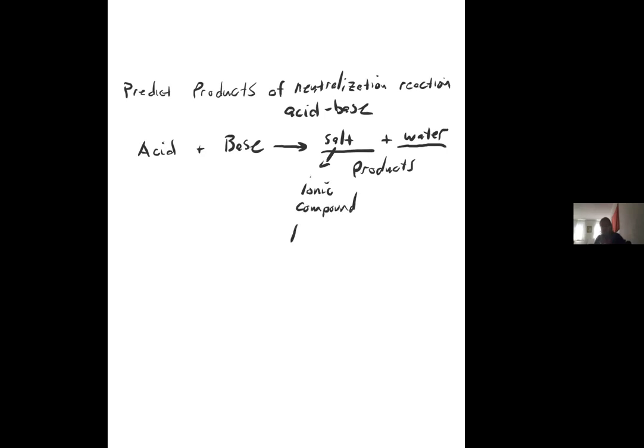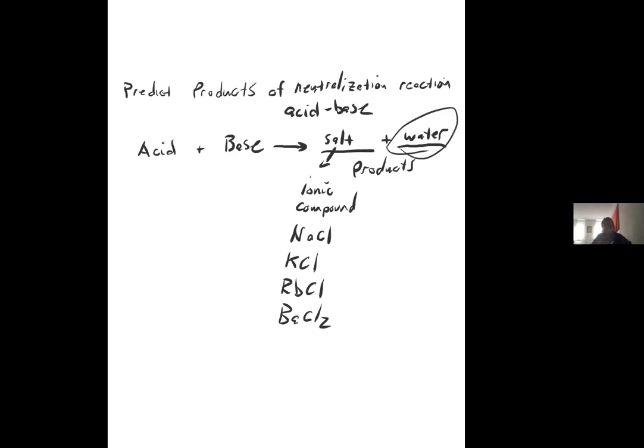So an example of an ionic compound would be NaCl. And in fact, we call that salt. We call that table salt, right? NaCl is salt. So here, salt is more broad. It could be KCl. It could be RbCl. It could be BaCl2. But it's essentially an ionic compound, okay? And then we all know what water is, okay?